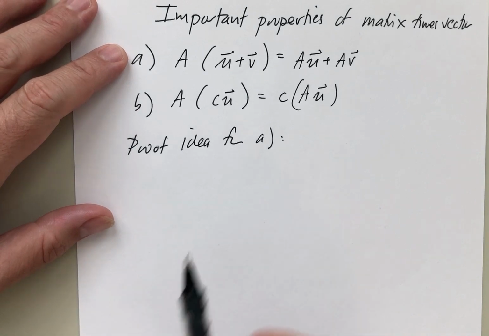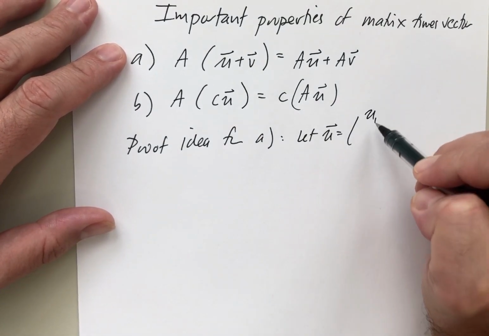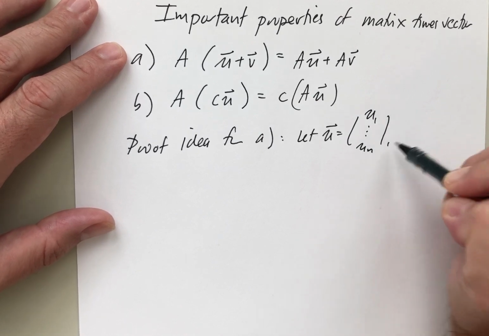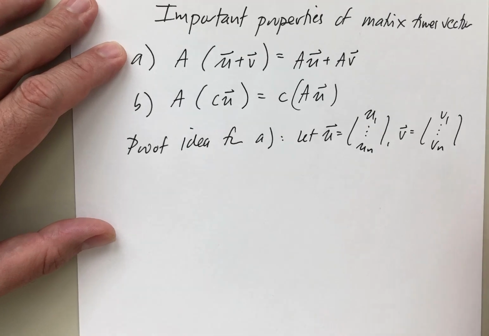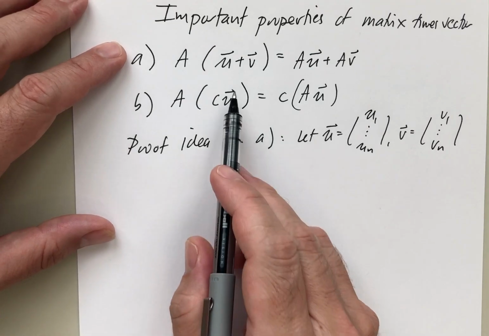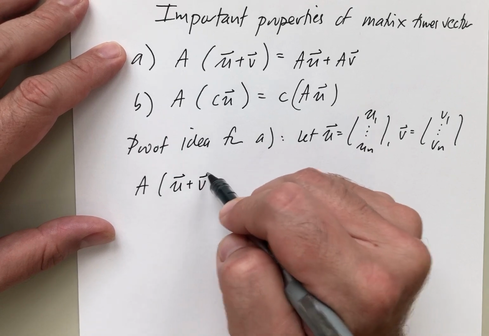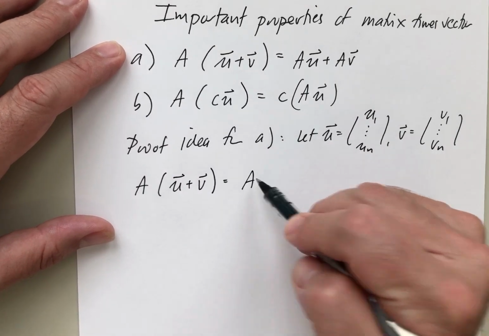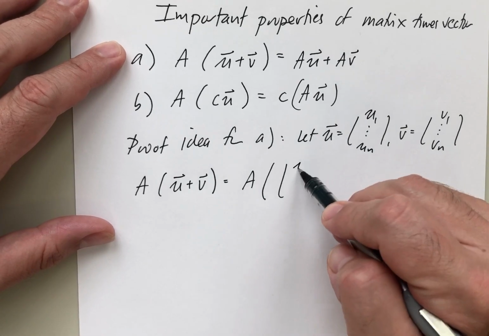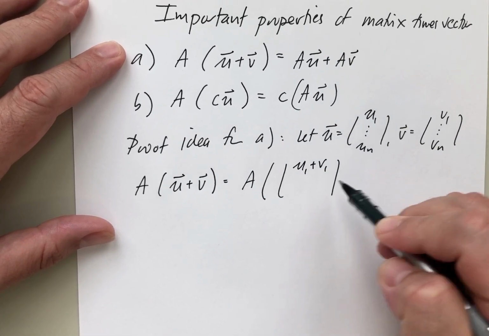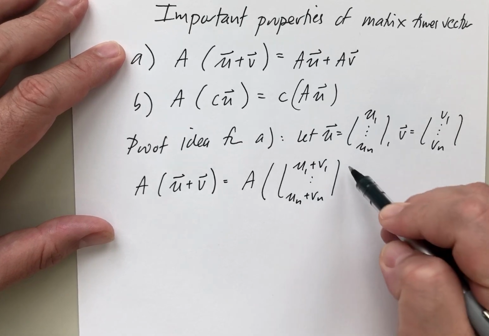So let's let U be, say, U1 through Un. Let's take V to be V1 through Vn. Then when I take A times U plus V, what is that? Well, that's A times, I'm going to add those two vectors together. So if I add the vectors, I get U1 plus V1 as my first entry, U2 plus V2, down to Un plus Vn, right?